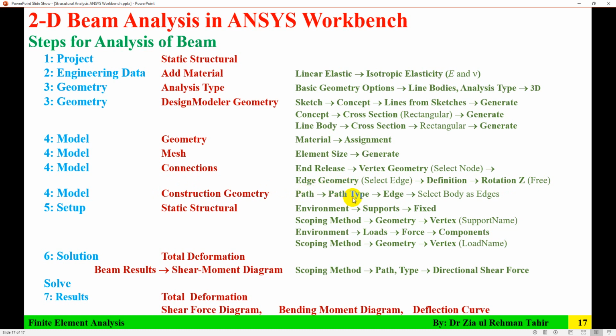For that, create a path edge and select body as edges. Then in the setup, apply the boundary condition as fixed at both ends, and apply concentrated loads. Then in the solution, request total deformation because maximum deflection is required, and then plot the shear force diagram, bending moment diagram, and deflection curve.